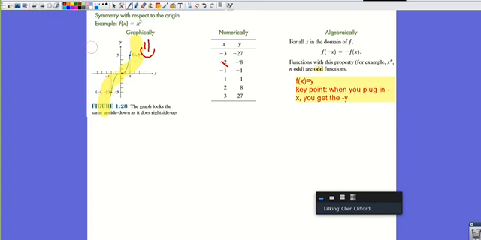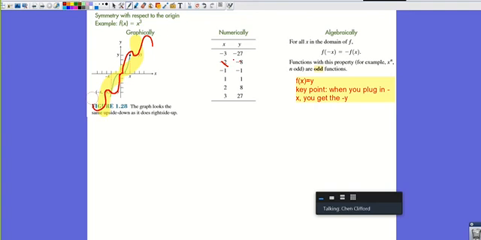So I reflect it and you get that. That's an odd function too. Those are all odd functions. Let's do one right here. This is an odd function. If you get boom, that's an odd function.